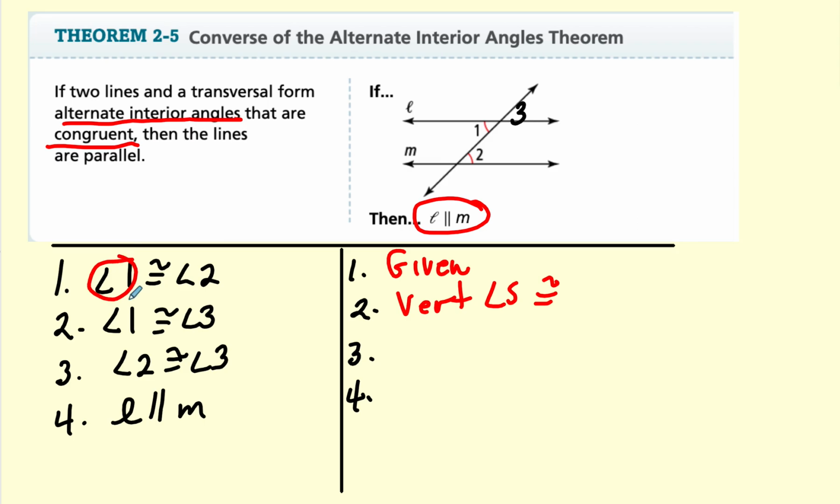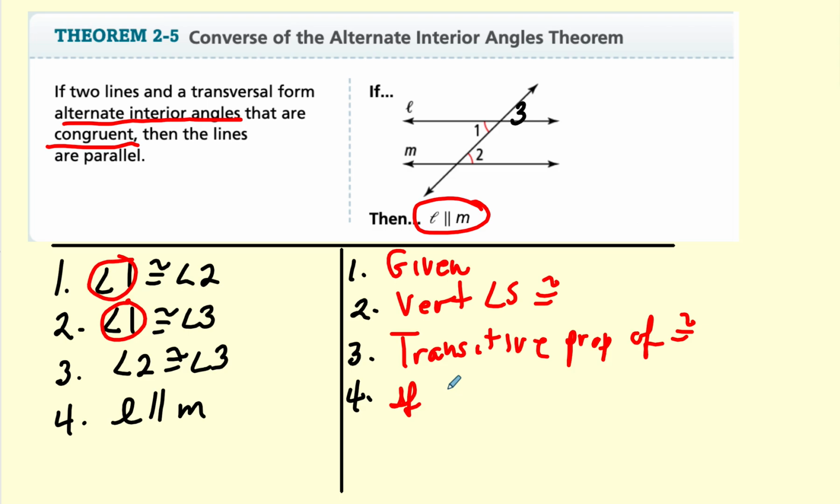Notice that angle 1 is here and angle 1 is here, so these two are congruent by the transitive property of congruence. And 2 and 3 happen to be corresponding angles. That was the theorem we just finished. So anytime corresponding angles are congruent, which is what we have, then the two lines are parallel.